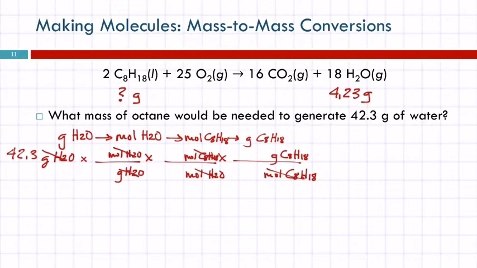Okay, so the mole ratio, what do I put in front of the C8H18? 2. And what in front of the H2O? 18. We did the C8H18 already. That was 114.224 grams per mole.